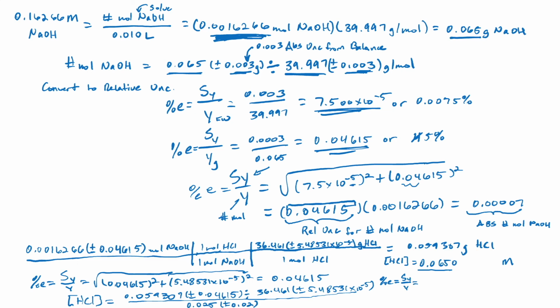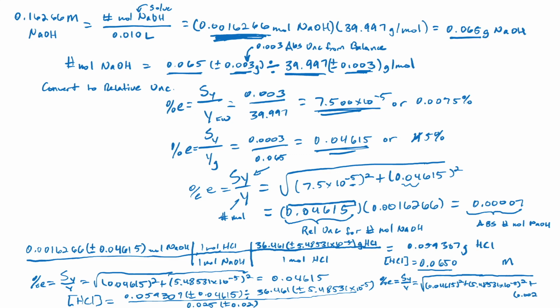Equals the square root, right, of the 0.04615 squared plus the 5.48531 times 10 to the negative 5 squared plus, and I ran out of room, so I'll go down here. It's a really easy number to write, which is 0.002 compared to the rest of them.